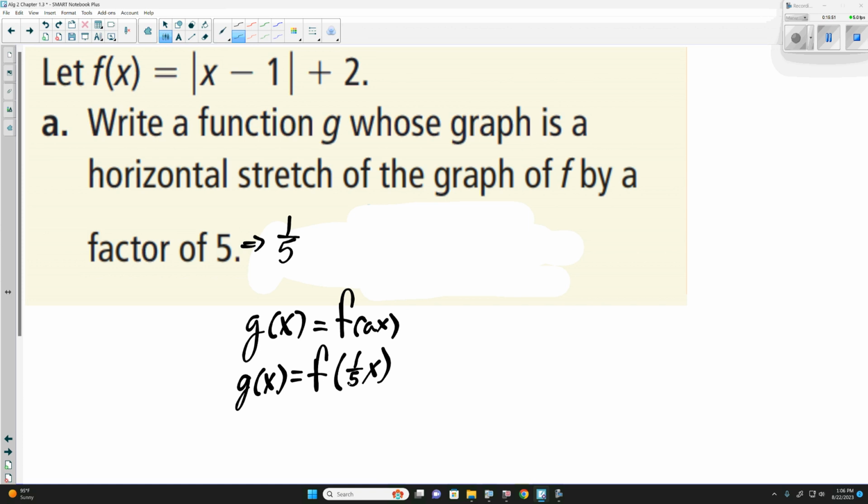Now you can write it below it, but I'm going to write it to the side just so we can still refer back to this function up here. And again, just like with the last one, we're going to replace every x with 1 over 5x.